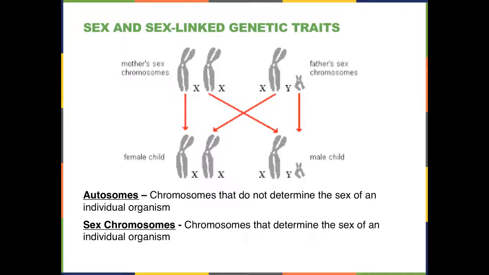The sex chromosomes are the chromosomes that determine the sex. And here is the typical female or male adult human, with XX for the female, and the male human with the large X and the small Y. And if the Y chromosome is passed on like this, then the child will be male.